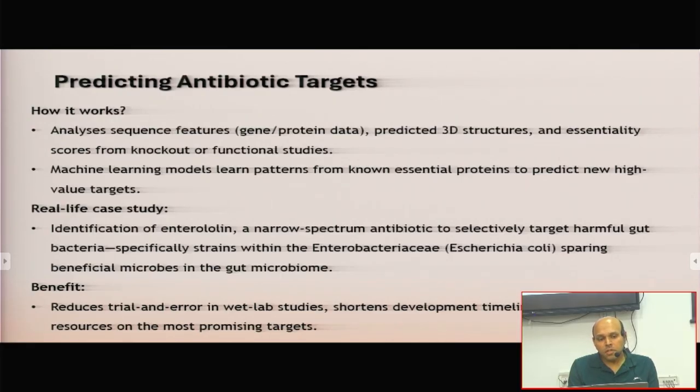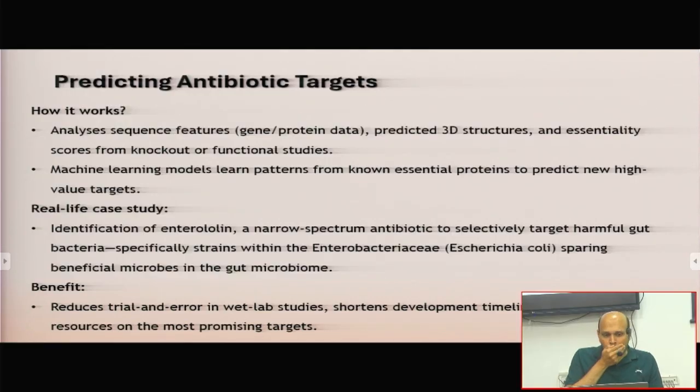So identification of enterololin, a narrow spectrum antibiotic to selectively target harmful gut bacteria, specific strains within the Enterobacteriaceae, E. coli, sparing beneficial microbes in the gut microbiome.